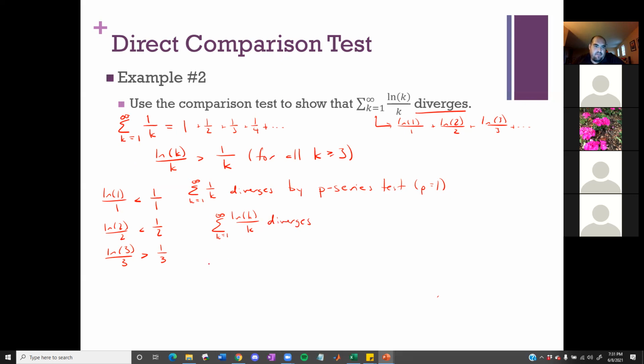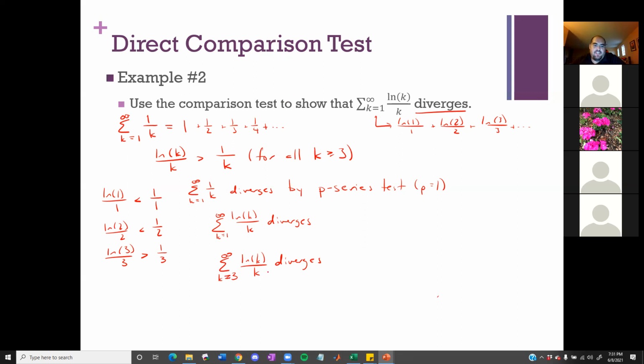And just to make one more note here. Let's say I had k equals 3 here. If I start this sequence at k equals 3, then yes, I can say that the inequality I wrote above is true for every k.